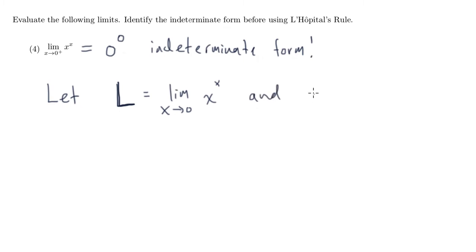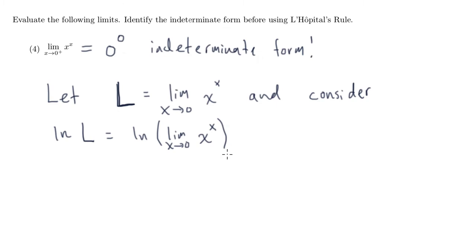And consider, we're not going to find L, we're actually going to find the natural log of L. So the natural log of L is just the natural log of the limit as x approaches 0 of x to the x.